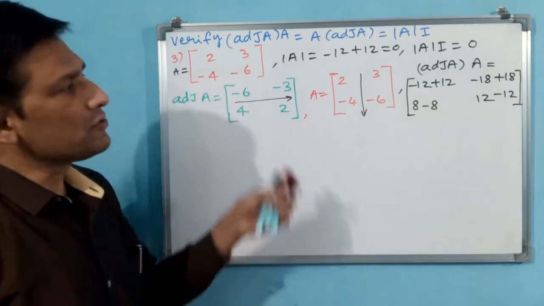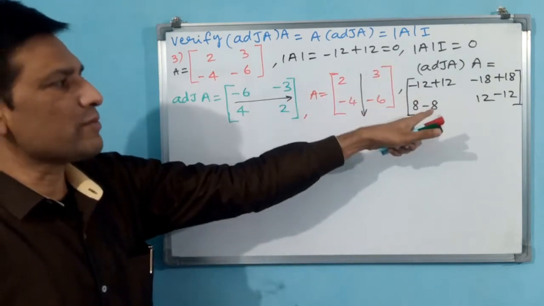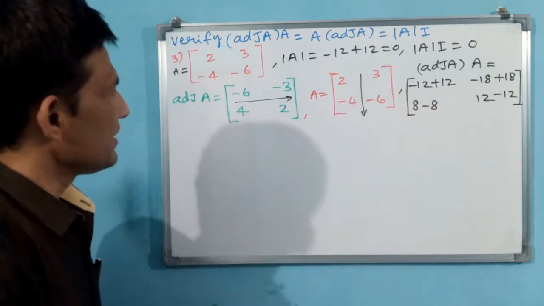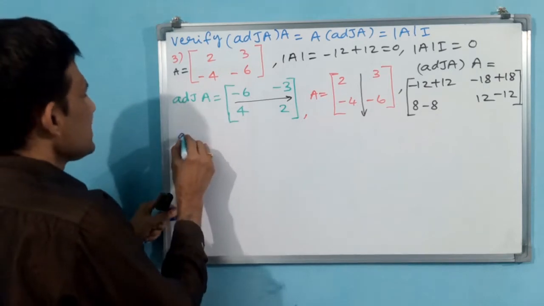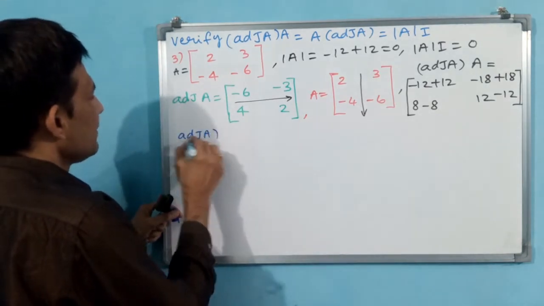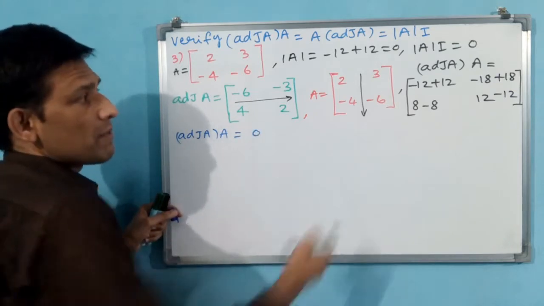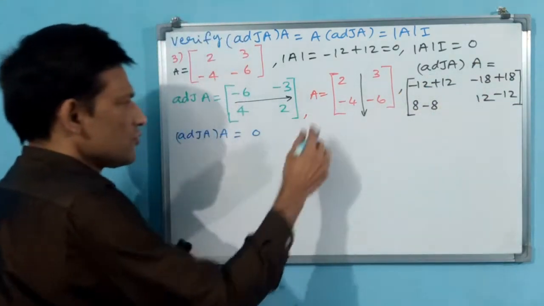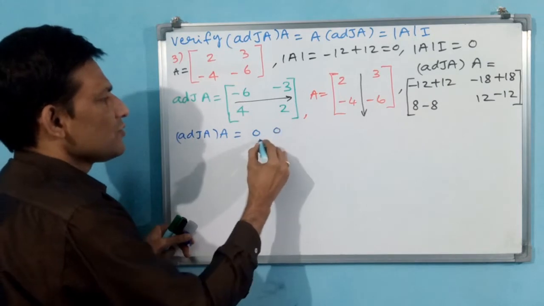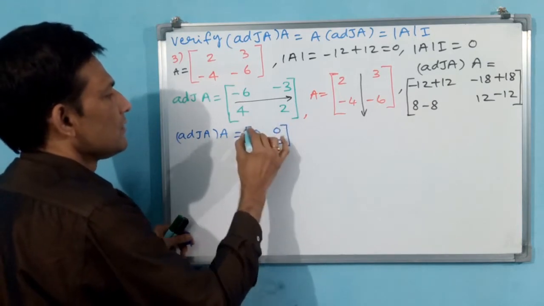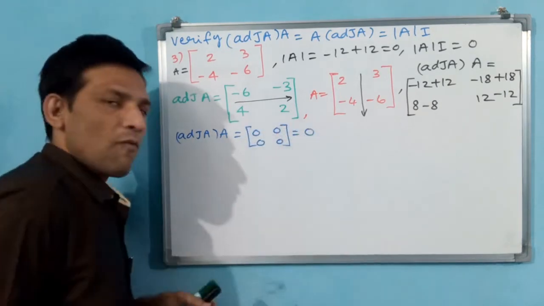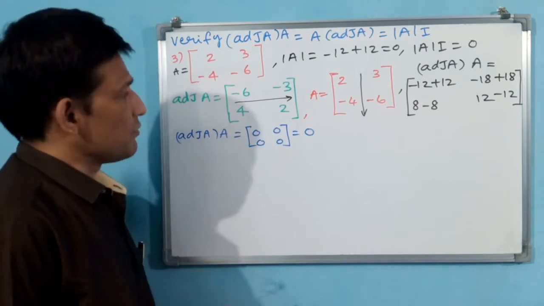Because minus 12 plus 12 is 0, minus 18 plus 18 is 0, 8 minus 8 is 0, 12 minus 12 is 0. That means we can write adjoint A into A is equal to O. It is a 0 matrix, 0, 0, 0, 0. Finally that is equal to O.